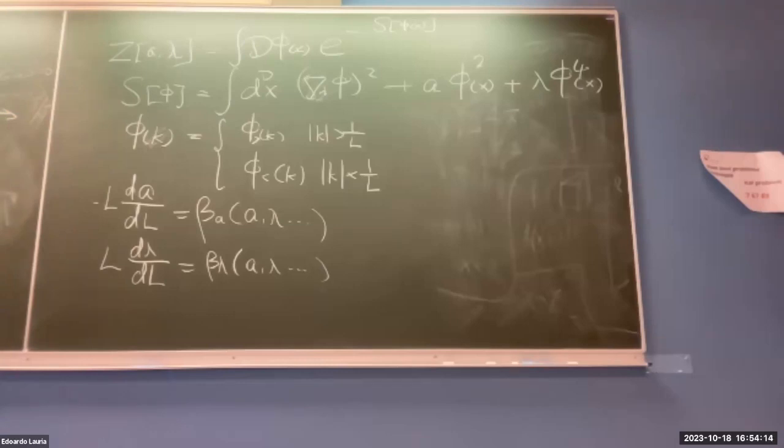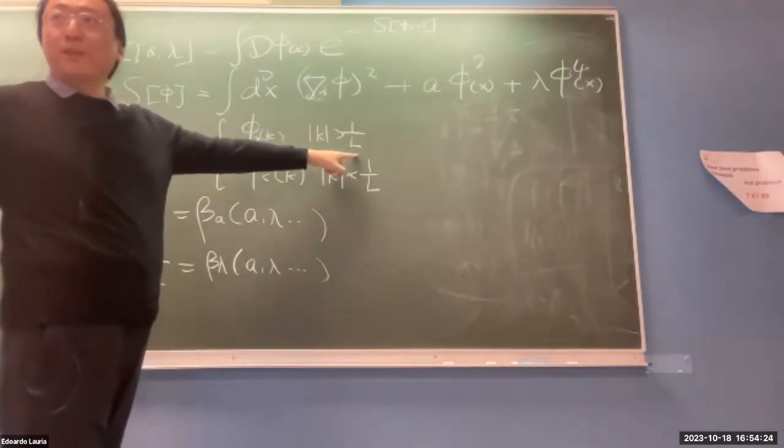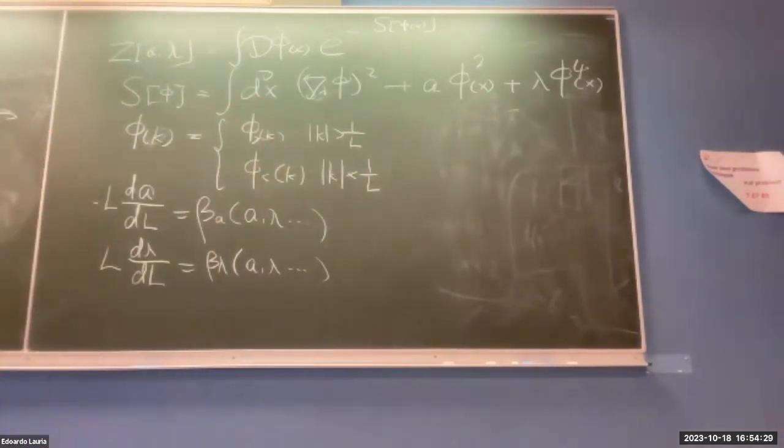This flow equation tells me that as I change my cutoff scale L, taking the cutoff smaller and smaller, I'm integrating out everything and I'm left with the final value. So there is a fixed point here. When I integrate out my high momentum modes, in the end my coupling runs into a fixed value, which we call a fixed point.